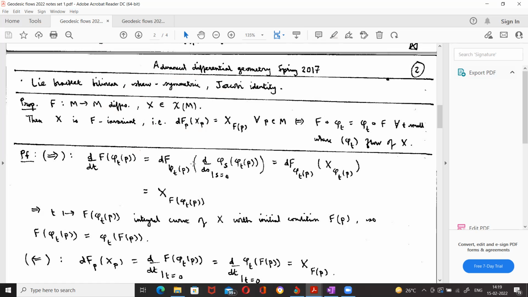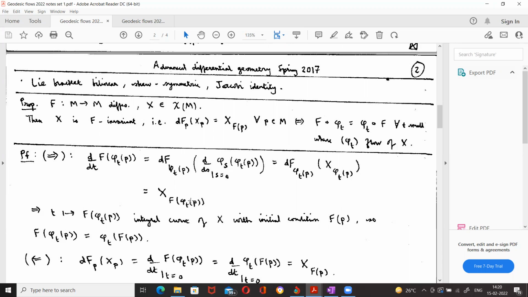And now what is the tangent vector of the curve phi t of p? It is an integral curve of X. So that means the derivative of this will be nothing but X at the point phi t of p, right? So this will become df at phi t of p applied to X at phi t of p. And now we use the fact that X is f-invariant. So by the f-invariance, this will be X at the point f of phi t of p, right?